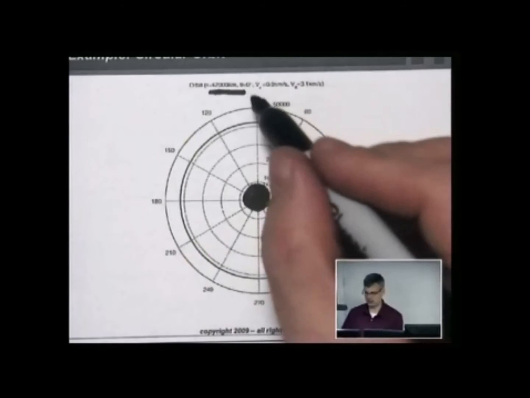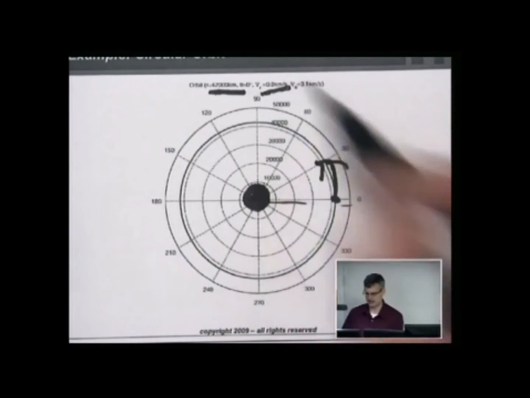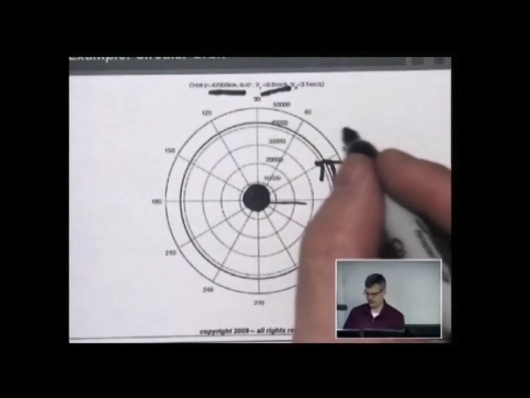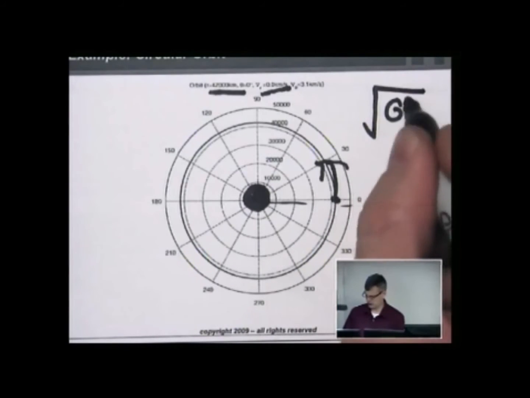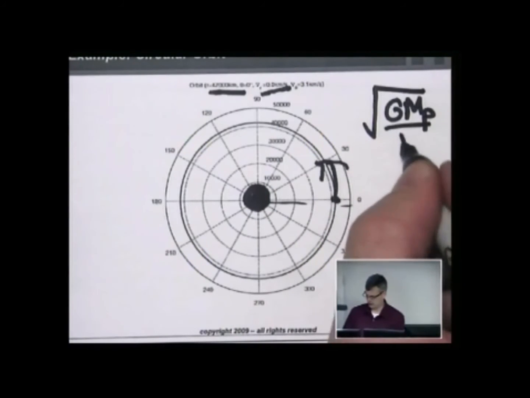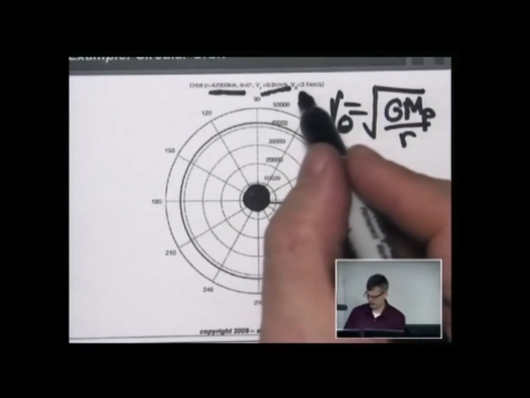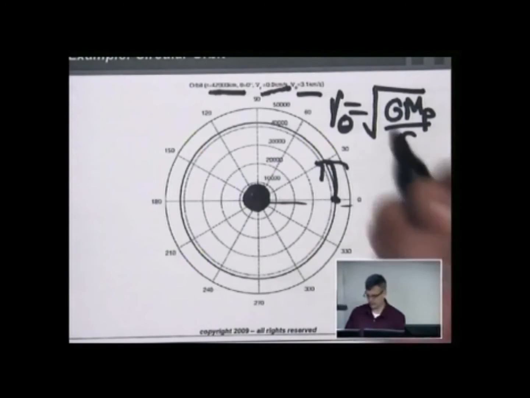So the initial conditions are, well, it's circular, so there should be no r component of velocity. So you see that's 0. And I calculated using that formula. Remember the formula from yesterday? Square root of GM over r is your theta velocity component. That came out to 3.1 kilometers per second, 3,100 meters per second for a geostationary Earth orbit satellite.